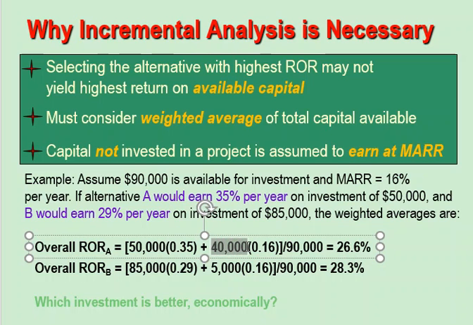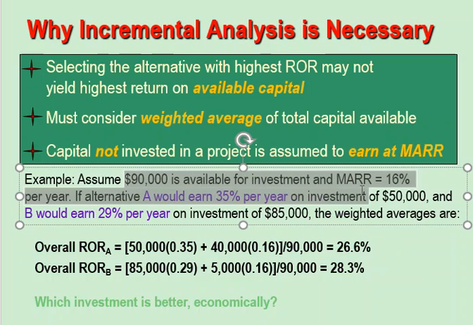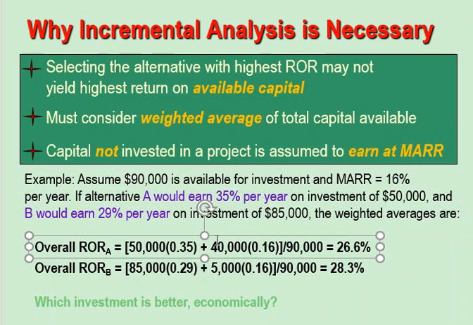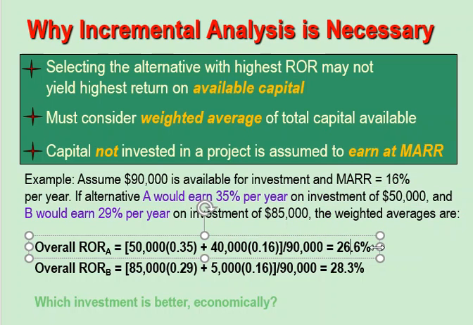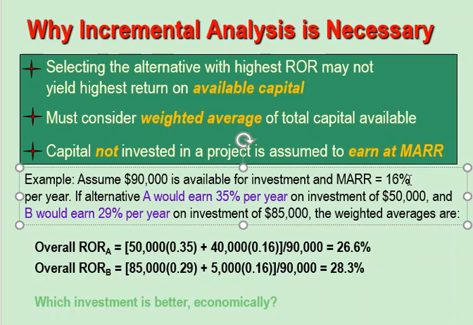That money is available investment, and we are getting 16% on it. So this is 40,000 at 16%. You divide it by the total, so I can get the overall rate of return. Here I included my alternative plus the money that is invested at the MARR rate.